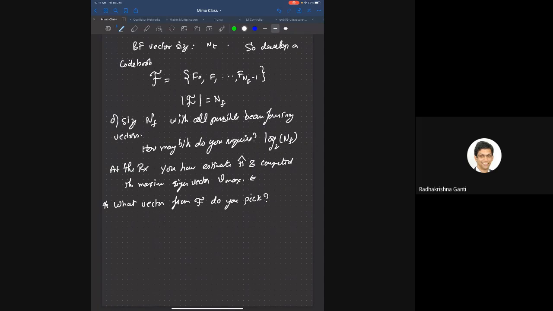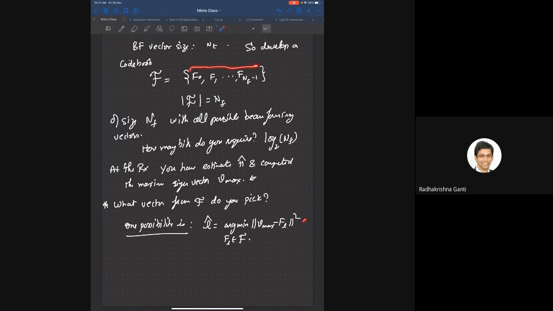Okay, so one possibility is you say that your index is equal to argmin of norm of Vmax minus FL whole square, where FL belongs to F. So this is one possibility: you're trying to minimize the two norm distance to all the vectors here.